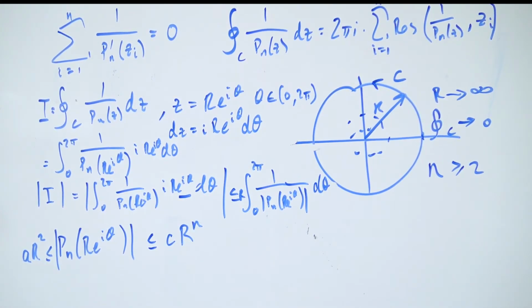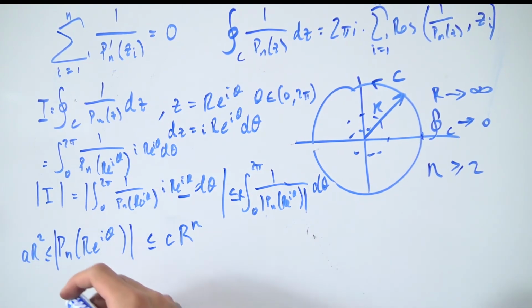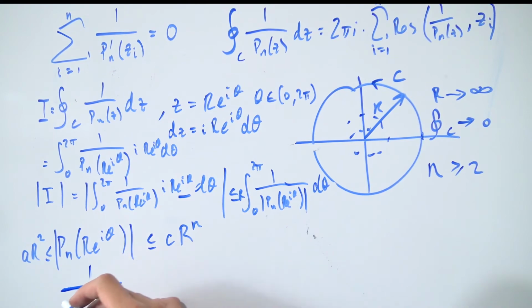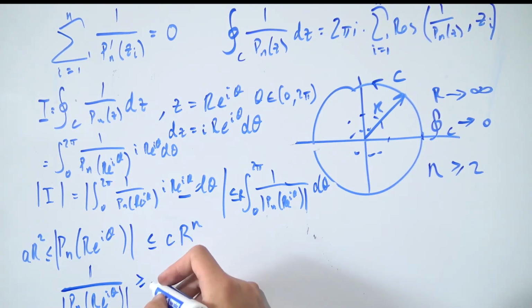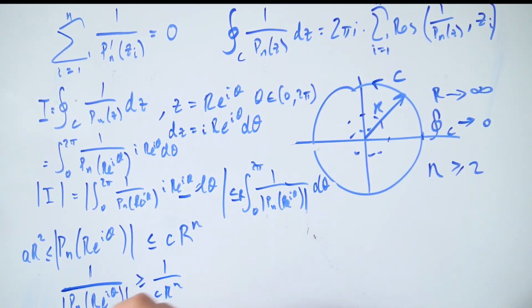After we've done that, we don't actually have this exact thing in the integral, we have its reciprocal. So if you take the reciprocal, 1 over the absolute value of Pn of r e to the i theta, you're going to flip these inequalities. So this is going to be greater than or equal to 1 over c r to the n, and this is going to be less than or equal to 1 over a r squared.